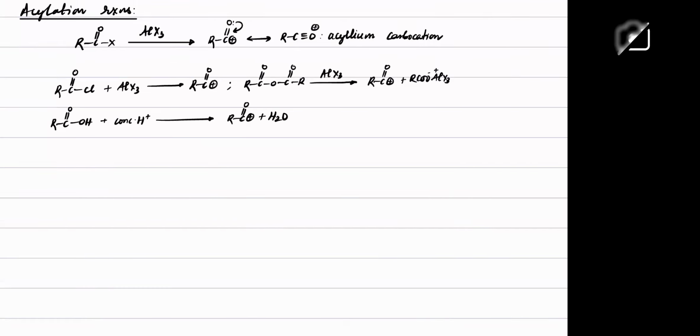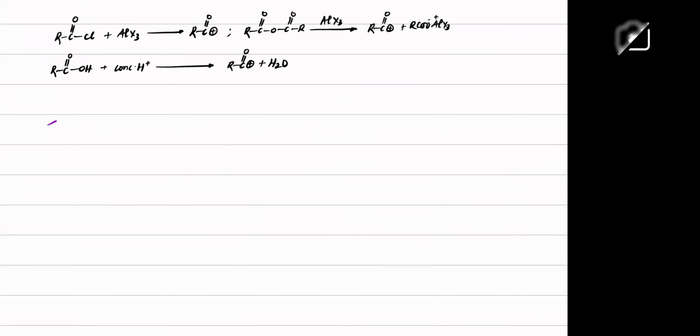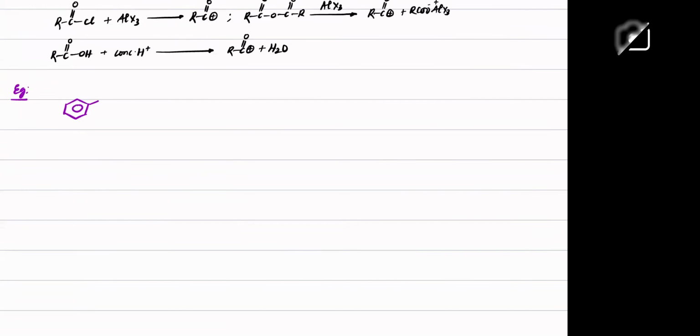Typical acylation, we can notice it from these examples. You can see how the examples are being asked here when it comes to acylation. So let's say I have a compound like this, OEt, and this is being treated with dilute H2SO4 first.